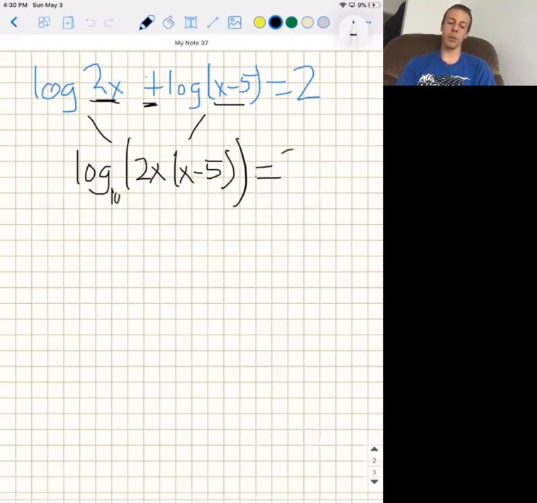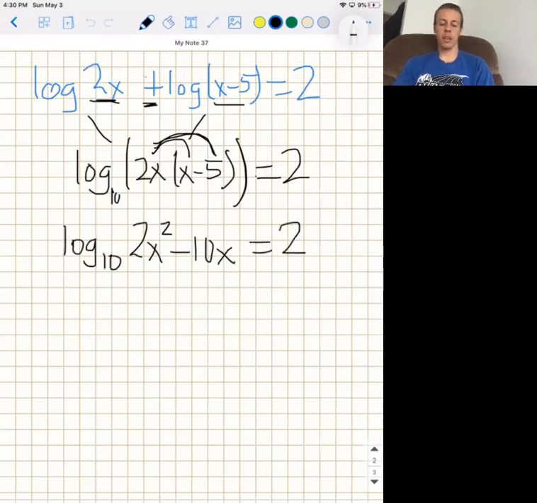And we haven't done anything to the right side, so that equals 2. Now I'm going to distribute the 2x to both terms. 2x times x is 2x squared, and 2x times negative 5 is minus 10x. Log base 10, and it still equals 2.